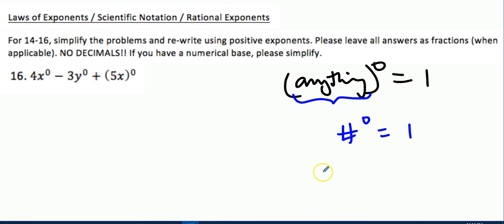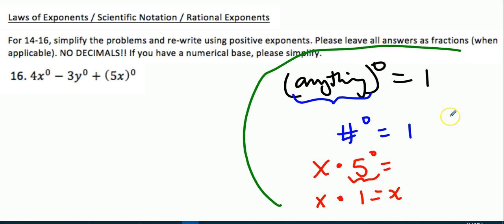If you have a letter like x times 5 to the 0 power, well, this part is just 1, which means your answer may not always be 1. So you have to be careful. This was a very long way of saying be careful.